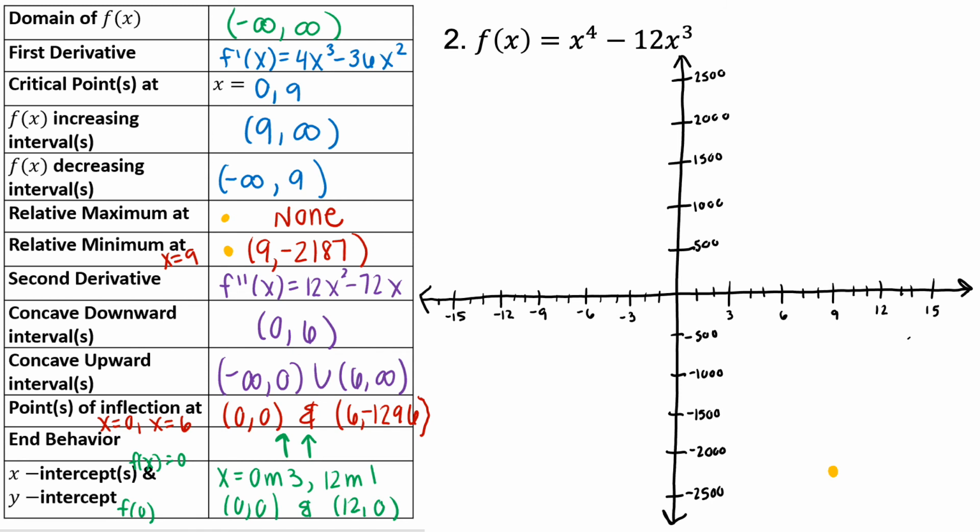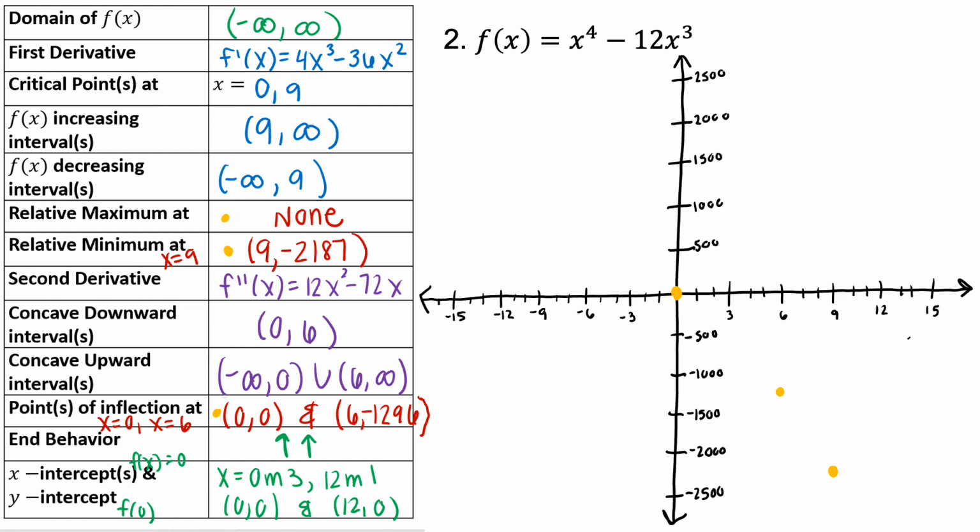I also want to identify my points of inflection at 0, 0. And then at 6, negative 1,296, another little estimation for me, over to 6, and then down to about that midway point between 1,000 and 1,500.